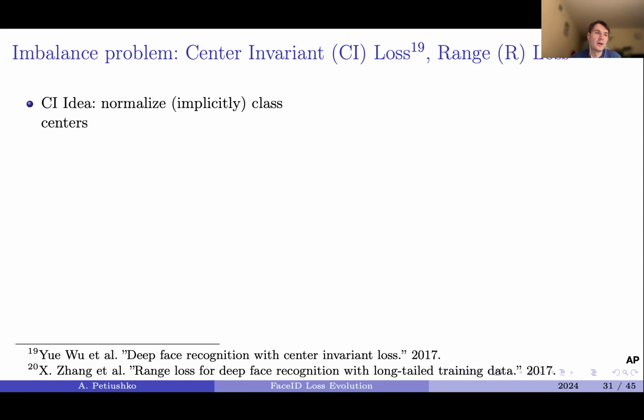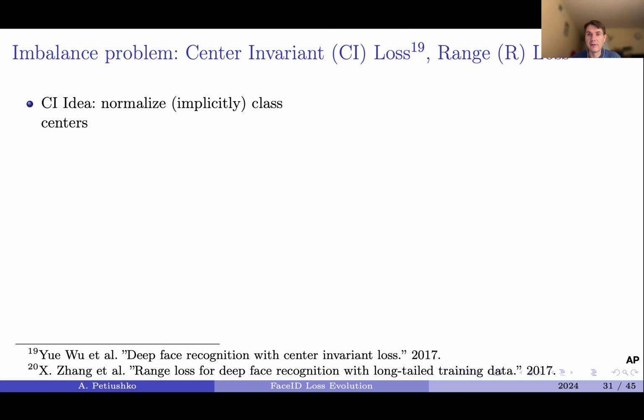Also, the imbalance problem is very crucial for real-world datasets. What does it mean? It means that for some classes we do not have enough data.